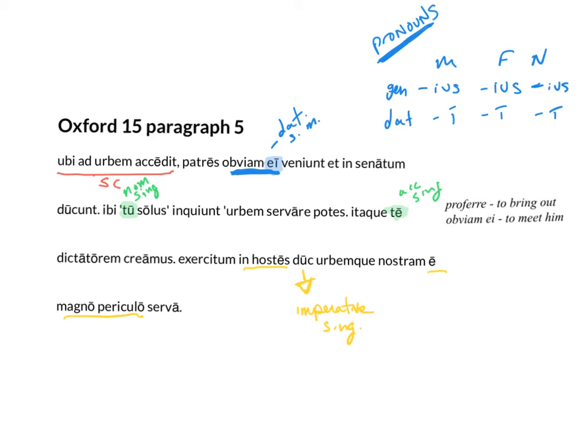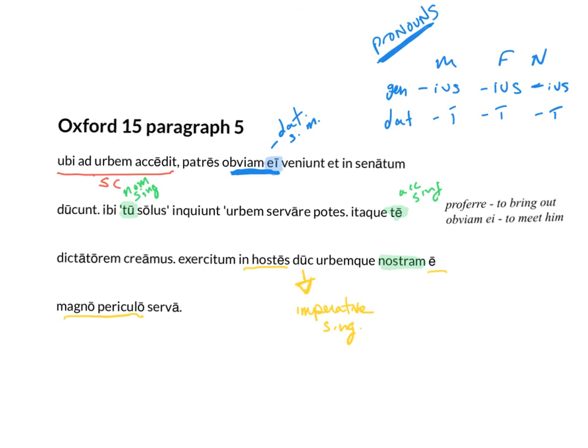So nostram here, let's pause there. Are we looking at a pronoun or an adjective? All right, if you said pronoun, you are wrong. If you said adjective, you are correct. So, I keep forgetting about my highlighter. Here we go. Nostram. So what word, if we're talking about nostram as an adjective, is nostram going to agree with?